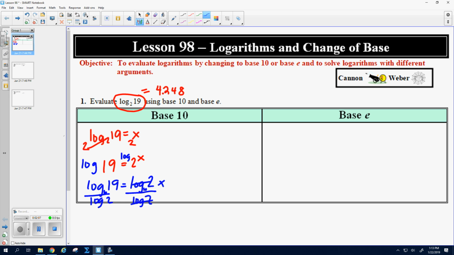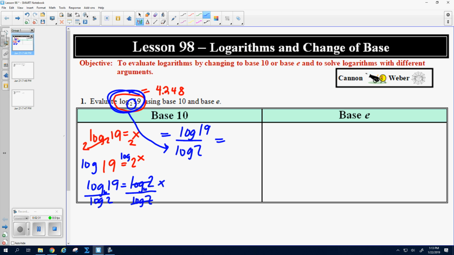Now, you're not going to have to do all this work, but what you want to do when it says to solve it by using the change of base formula and use common logs is literally you're going to write, okay, I know I've got this, and that is equal to log 19 over log 2. Notice the base goes in the basement. Get it?